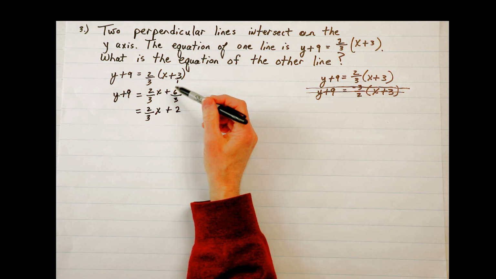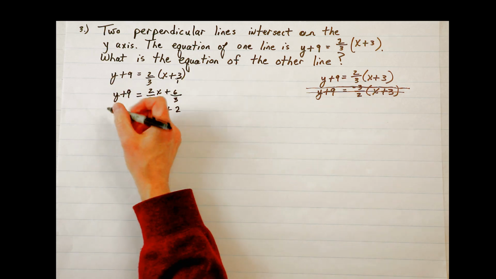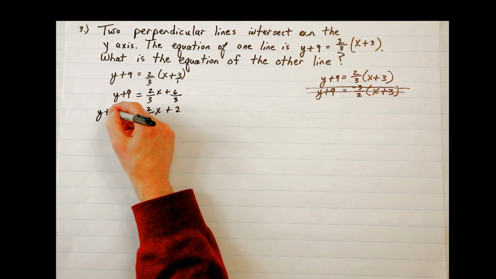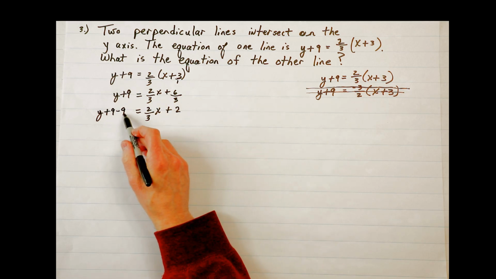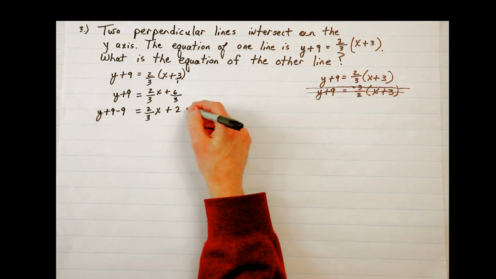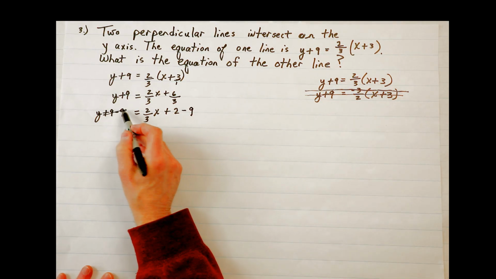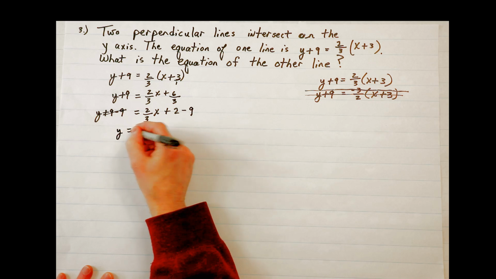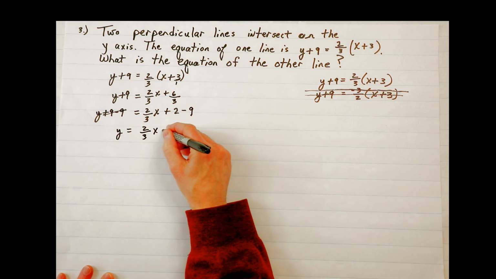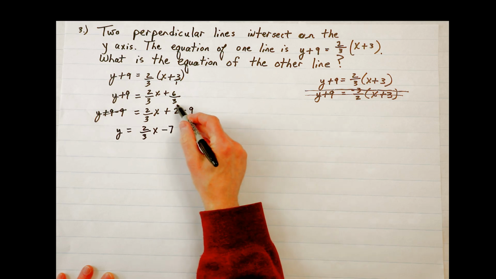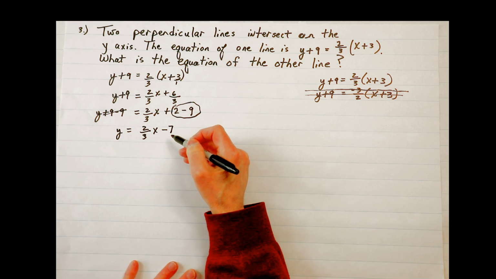And now we want to get the y by itself on the left side of the equation. So I'm going to say y plus 9 minus 9, opposite operation. If you subtract 9 from the left side, you have to subtract it from the right side. These cancel out, and we get y equals 2 over 3x, subtract 7. 2 plus 2 and minus 9 is minus 7.